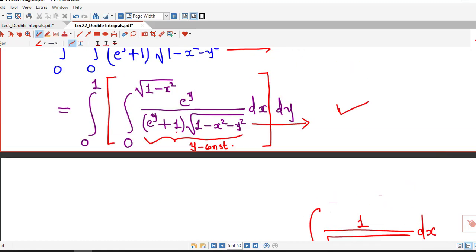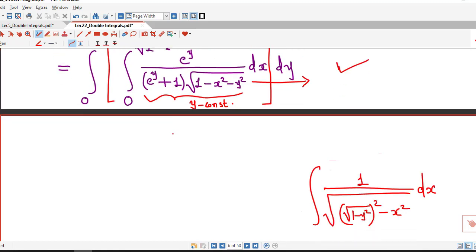This e raised to y over e raised to y plus 1 is constant. Let me write it first. We consider e raised to y over e raised to y plus 1 as constant because integration is with respect to x.